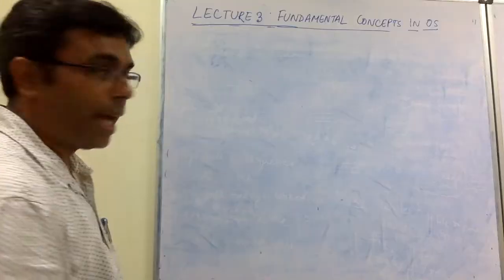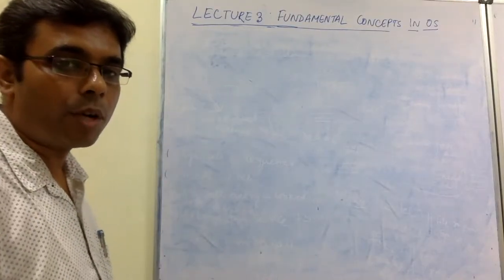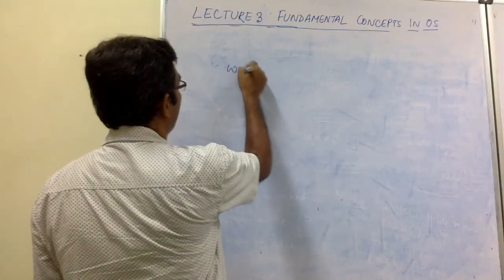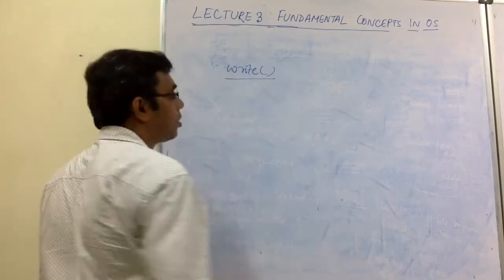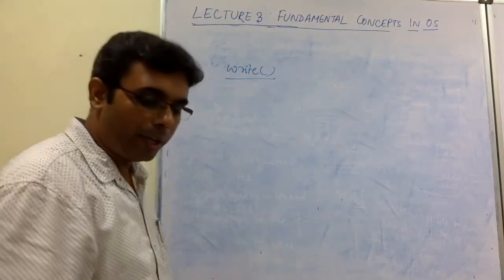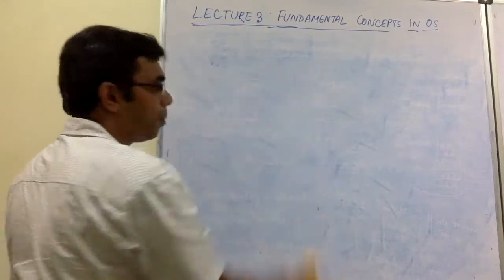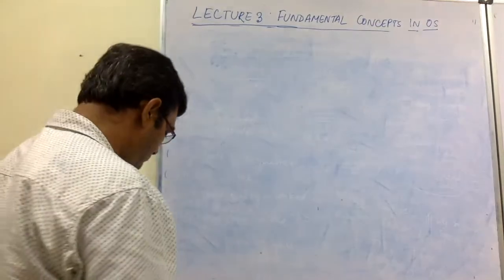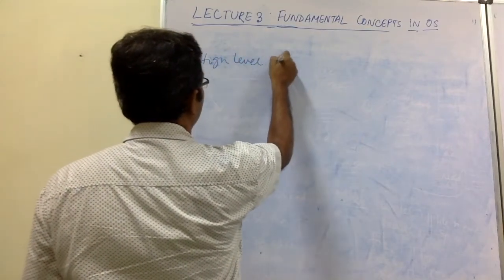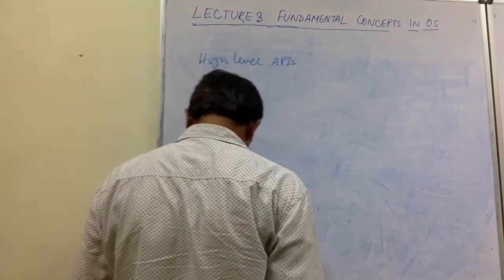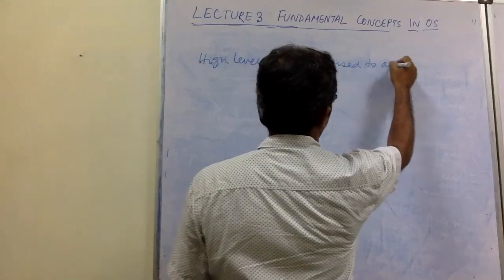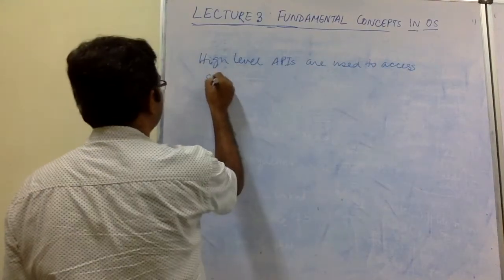In the programs that we have been discussing so far, you must have realized that though we have a system call called write, we usually do not use these kinds of system calls in our program. Rather, we take help of some kind of programming language support. That is, some high-level APIs are used to access the system calls.